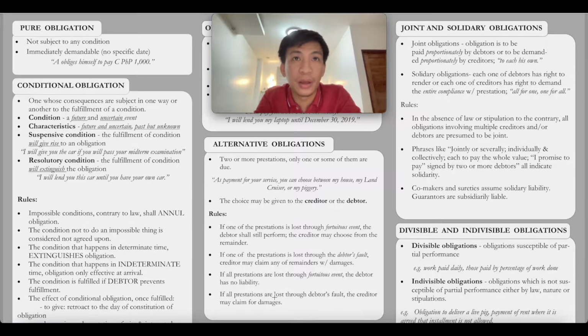Okay. Whereas, kung yung resolutory condition, it is the condition where the fulfillment of the condition will extinguish the obligation. Kumbaga, the obligation is running sa ngayon, pero once na dumating yung resolutory condition na yon, the obligation will stop, will cease. So, yun yung ibig sabihin natin when we say resolutory condition.